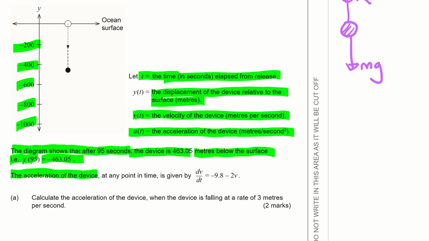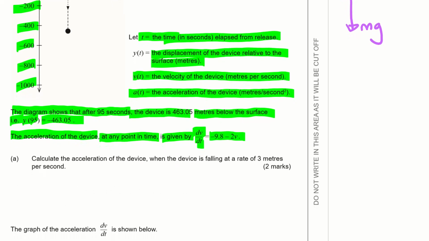The acceleration of the device at any point in time is given by dv/dt is negative 9.8 take away 2v. We want to calculate the acceleration of the device when the device is falling at a rate of 3 meters per second.